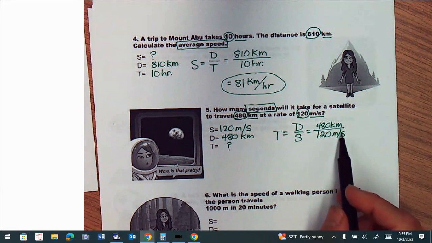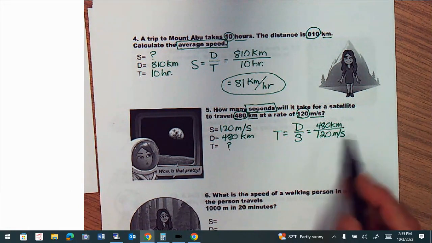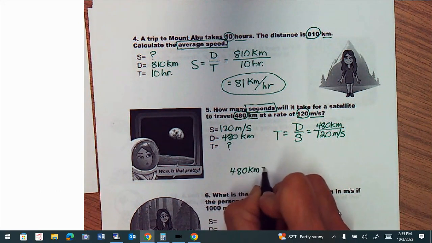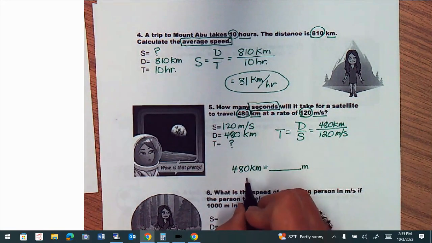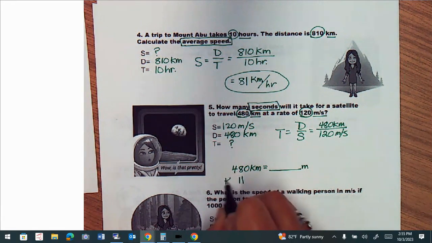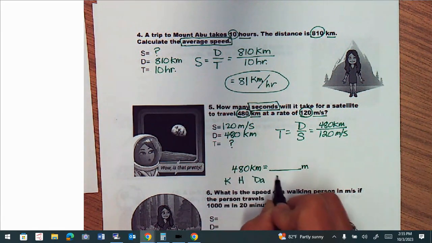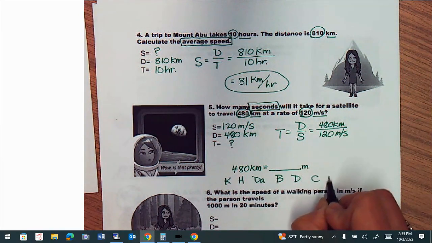Now, we need our units to be the same here for distance. So 480 kilometers equals how many meters? Remember your conversions. Kilo, hecto, deca, base unit, deci, centi, milli.